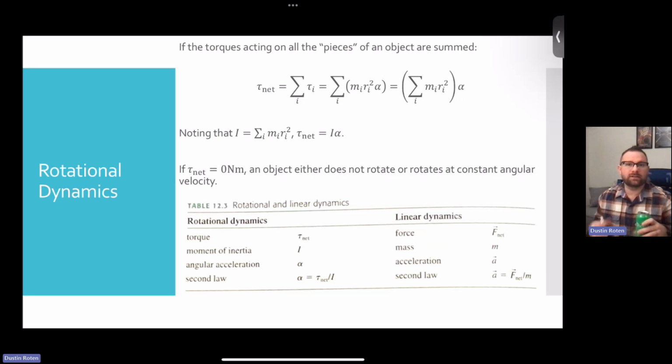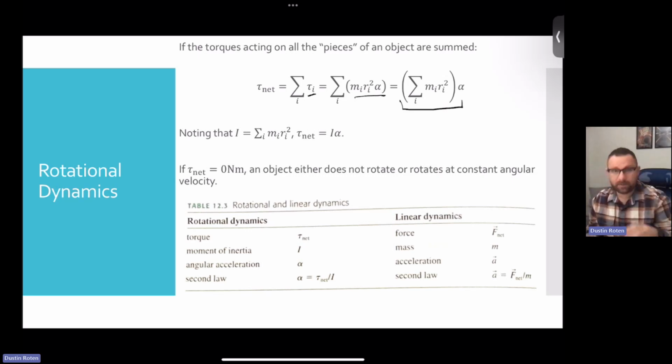Okay, so if torques acting on all the pieces of an object are summed, on the previous slide we had a single torque, which was equal to this statement here. Now, if we wanted to talk about the net torque, we add all these up, okay? So if we're talking about the net torque on an object made up of a bunch of little pieces, this is what we're going to come up with.